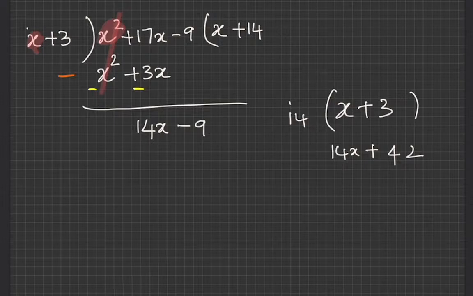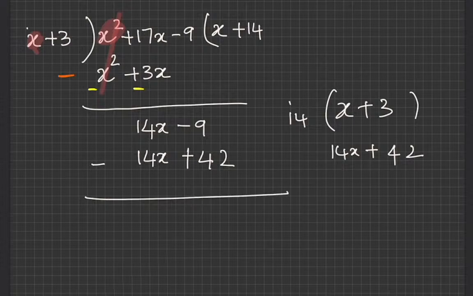So I have 14x plus 42. I'm sorry, it is plus only, because I have a plus sign here and a plus sign there, so this has to be a plus.